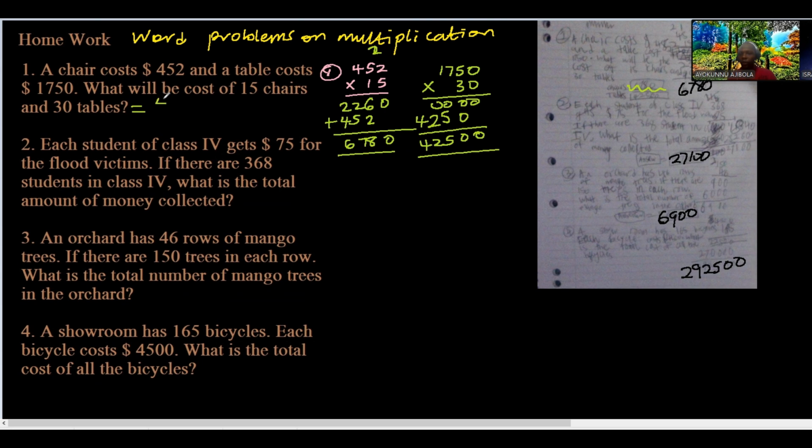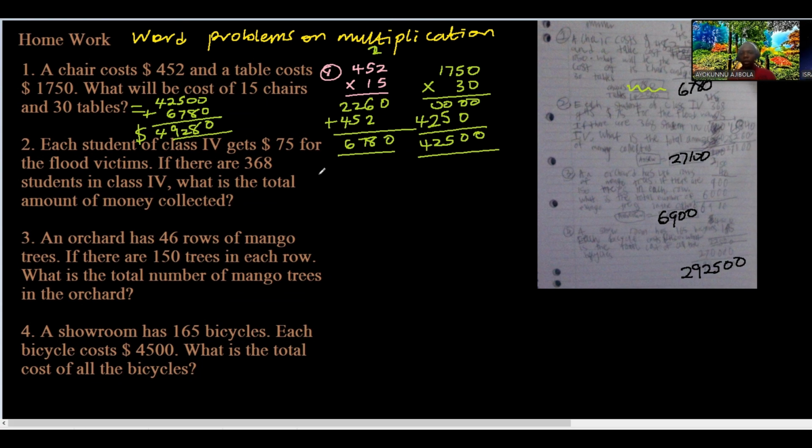So I have 42,500 plus what? 6780. So this would be 12 here, 9 and 4. So the cost is 49,280. Okay, is that fair?